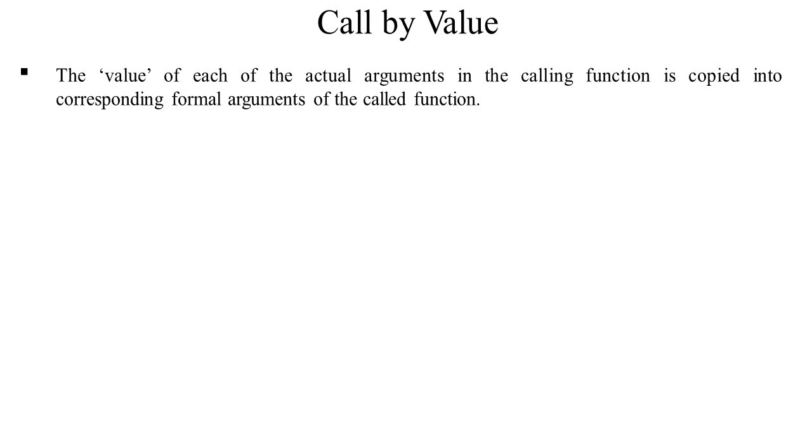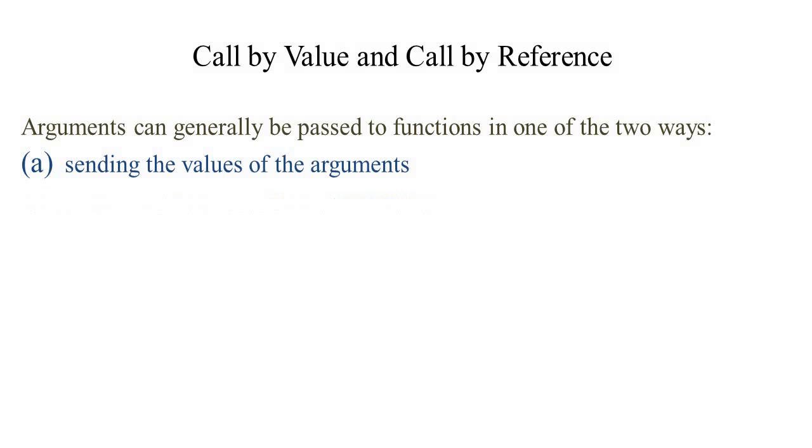Now you should not be confused between actual argument and formal argument. If you are still confused, then just go backward in this video, as in the previous slide I have mentioned that. So where were we? The value of each of the actual arguments in the calling function is copied into the corresponding formal argument of the called function. What does it mean?